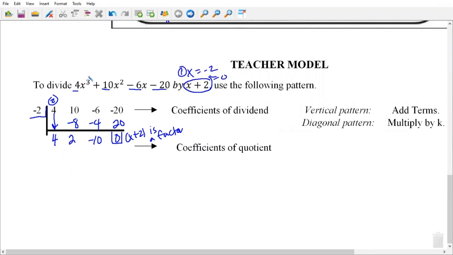So again, we started off as x cubed. Now we become 4x squared plus 2x minus 10. And I'm now going to factor this. I can factor out a 2 from each term. That leaves me with 2 times 2x squared plus x minus 5.